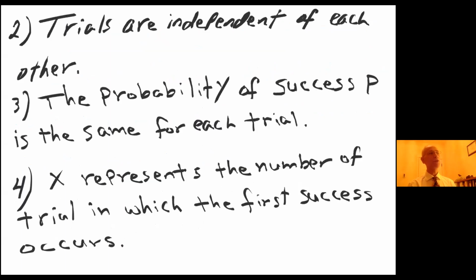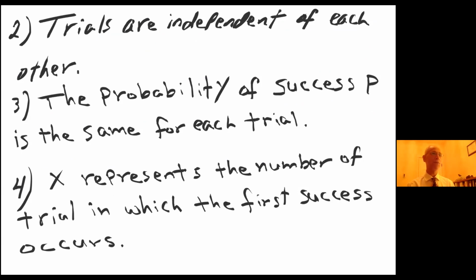Two, trials are independent of each other. So one trial doesn't add or subtract anything from the second or third trial. They're independent. Three, the probability of success P is the same for each trial. So the probability remains the same. And finally, four, X represents the number of trials in which the first success occurs.